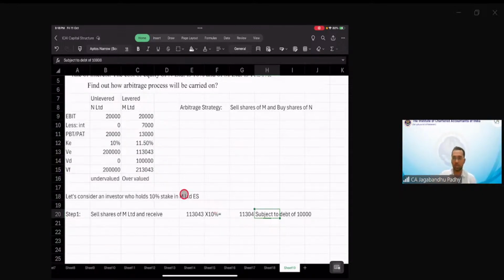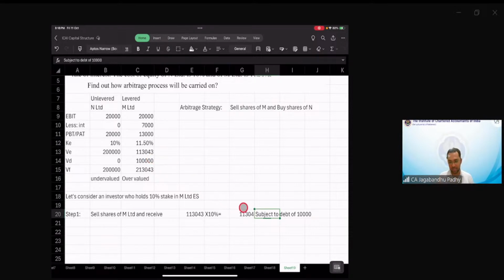Because if the overall company was having a debt of 1 lakh, and I was a 10% equity shareholder, my equity investment was subject to a risk of 10,000 of debt. Correct, guys? Yes. So the entire company was having a debt of 1 lakh, and since I was a 10% shareholder, I was subjected to a debt of 10,000.